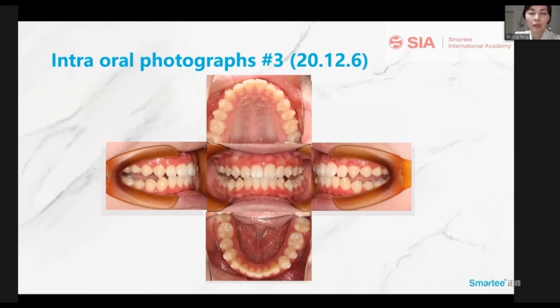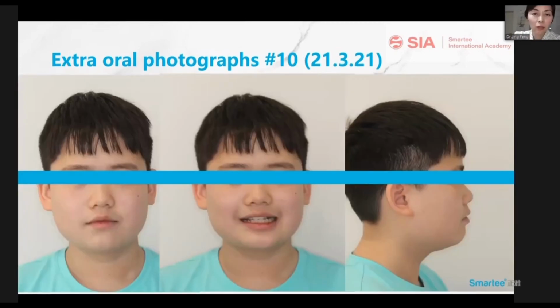But at the 10th aligner, the chin point is on, and the lower incisors, you can see, are getting better because the lower jaw's position is more stable now.